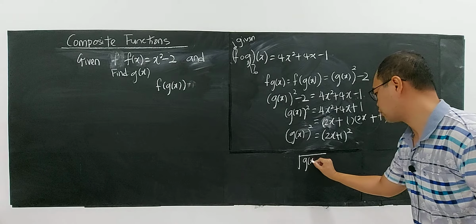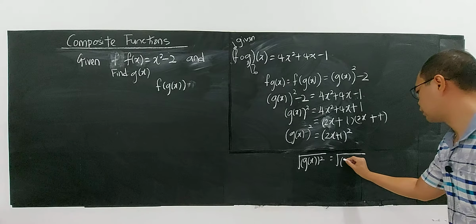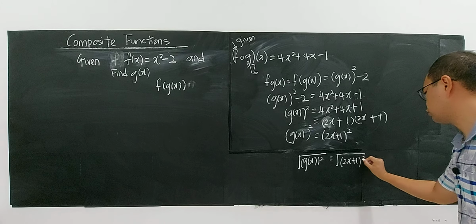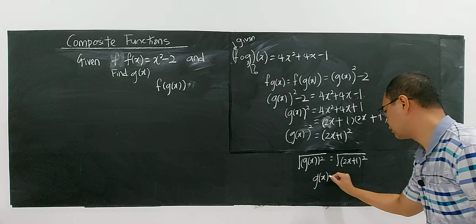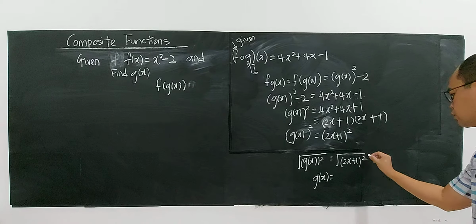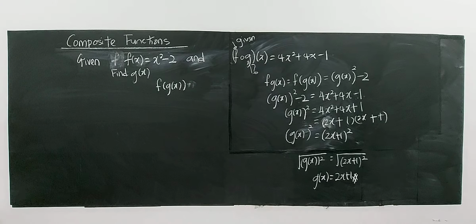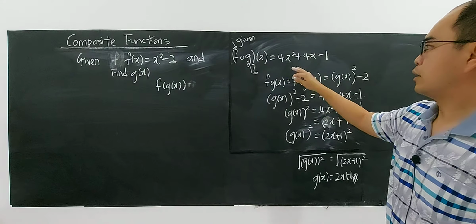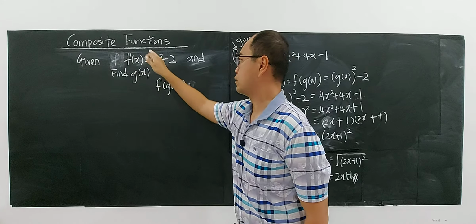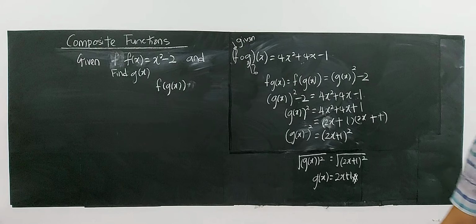You have g(x) equals the square root of (2x plus 1) squared. Therefore g(x) equals 2x plus 1. So this is the function for g(x). I hope you can see the technique here, where you put g(x) into the function and equate it to the one given, then you can get g(x).